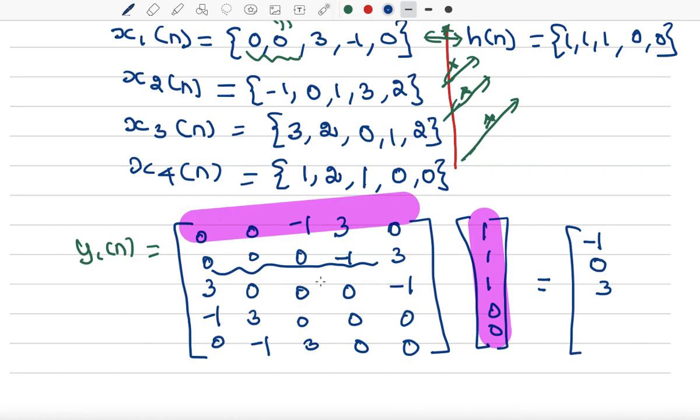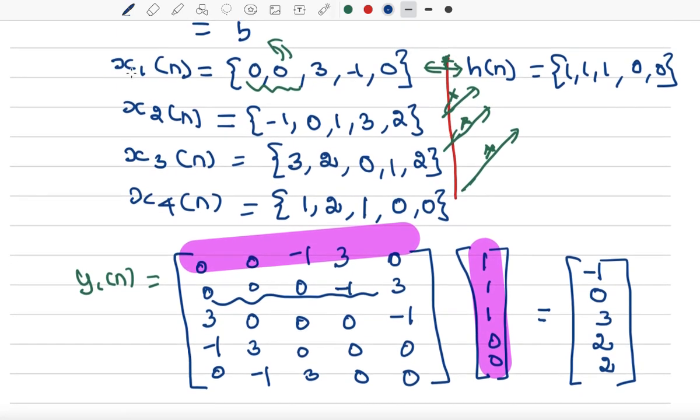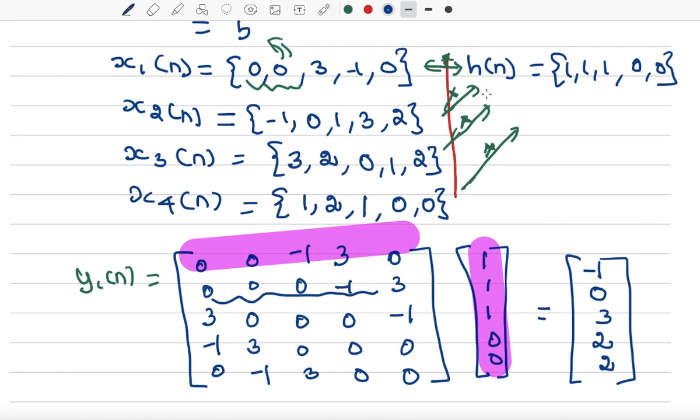Then minus 1 into 1, minus 1, 3 into 1, 3, 0, 0, 0. So that is 2. Then 0 into 0, 0 into 1, minus 1 into 1, plus 3 into 1, 0 into 0, 0 into 0. That will be equal to 2. So this is the circular convolution performed from x1 of n and h of n.